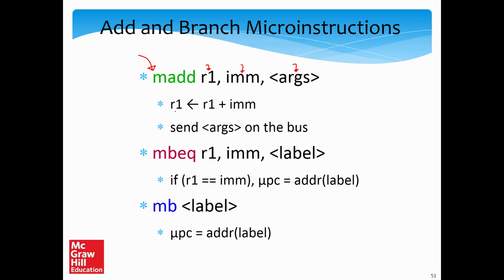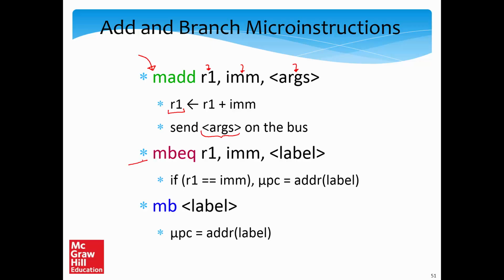What it does is it sets R1, similar to x86 where the destination and source are common. So R1 is set to the old value of R1 plus the immediate. And we send the value of args on the bus.